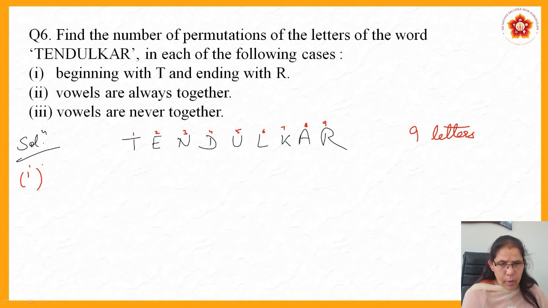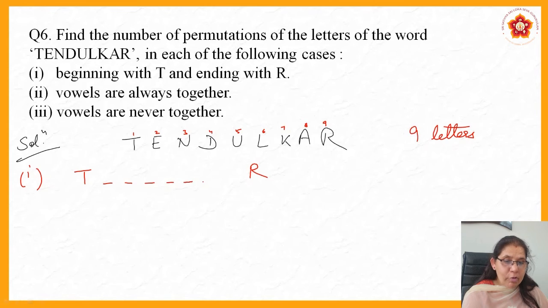Let's look at part 1. In part 1, the condition is: how many words can we form which begin with T and end with R. We have fixed T and R. You cannot do anything about it. So total 9 letters were there, out of which 2 are fixed.